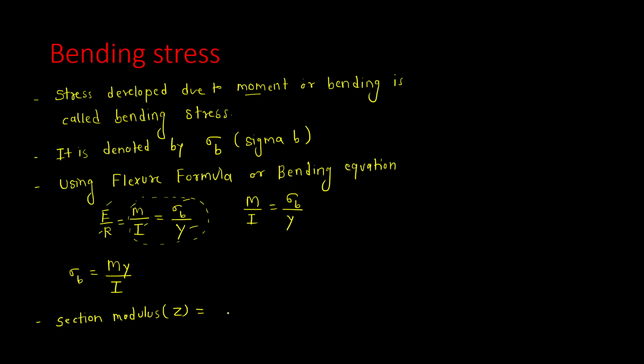This section modulus Z is represented as moment of inertia divided by maximum distance from centroid or neutral axis. So we can also write sigma b is equal to M divided by I by y, so this will be M divided by Z. So sigma b finally we can calculate by using the formula M divided by Z.